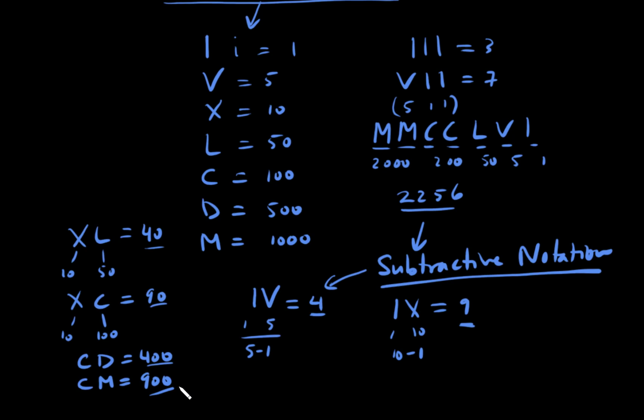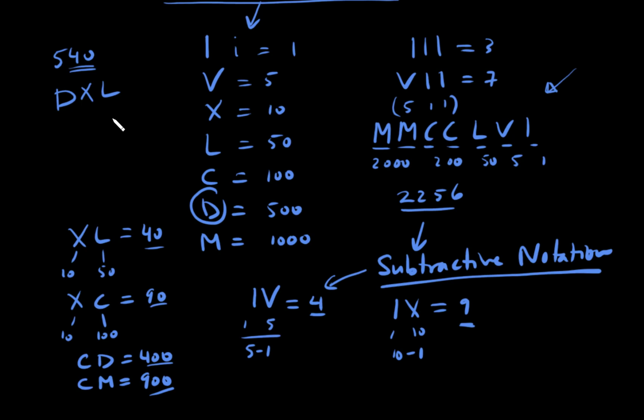What you can do then is you can use subtractive notation while you add these numbers in your regular kind of writing. So let's say you want to write 540. What you can do is you can take your D for the 500, and then to do 40, you can take your 40 from over here, so you can use your subtractive notation, and you would write DXL.